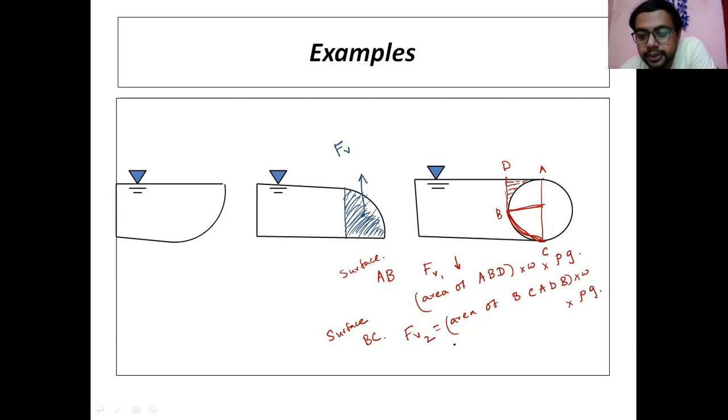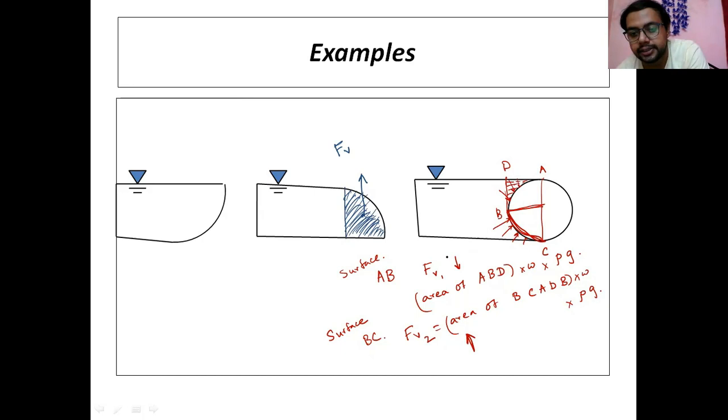The direction of the vertical force should be upwards, because this curved surface displaces that amount of liquid. Another way to see it: the force due to pressure is acting in this way, so the net force acts upward. In this zone the force acts this way, so the net force is downwards.